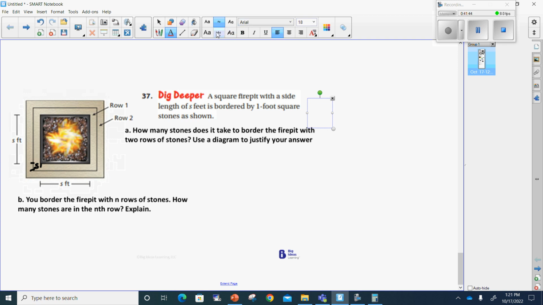So I don't know why I put this as S. I should have said this is 1. I apologize for that. If that's 1, this is 1, this is 1, this is 1, this is 1, right? This is 1, this is 1, and this is 1.